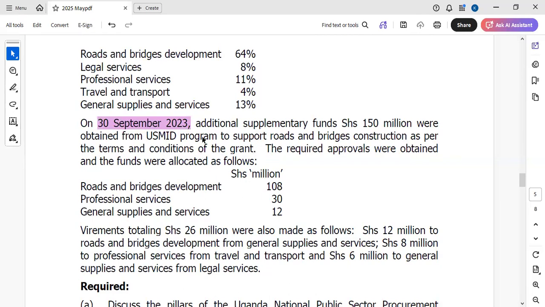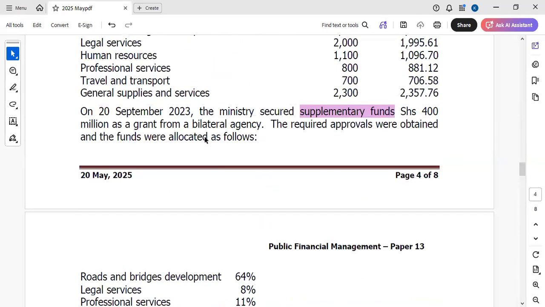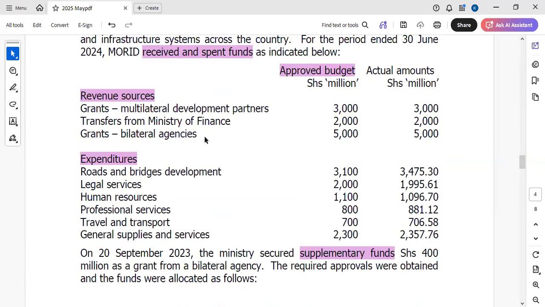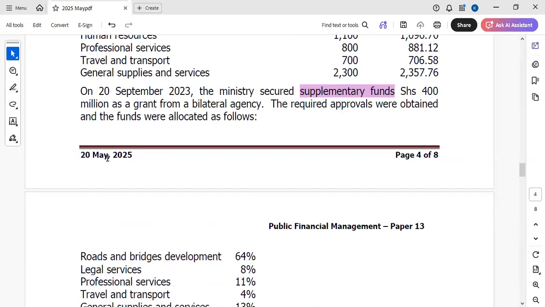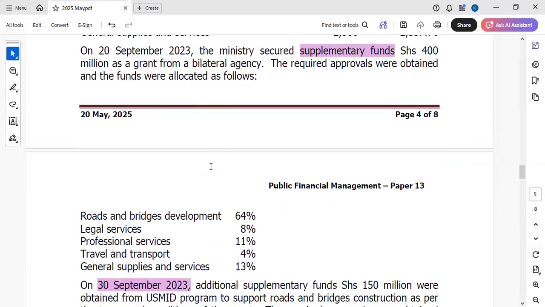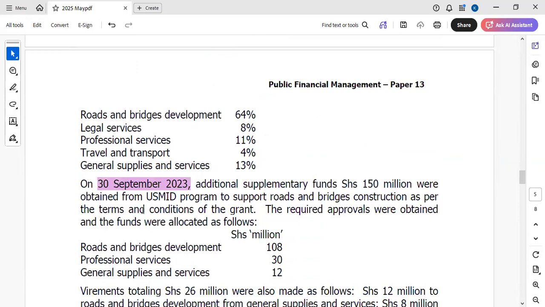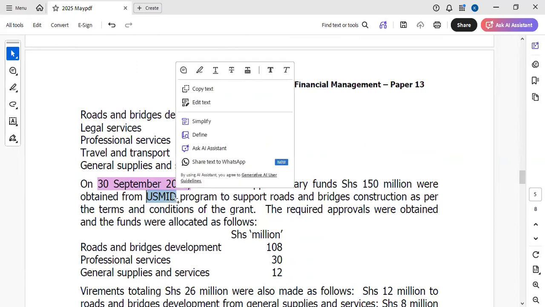Do we have this revenue source? We don't have. When you look at the revenue sources, you realize that we don't have the line item for grant from USMID.